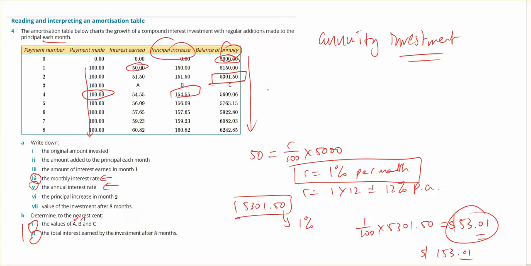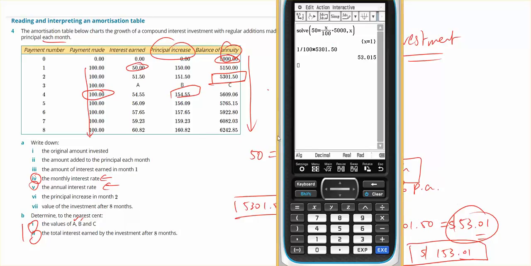Okay, so I'm adding this amount to the account for that month. So I simply add it to the previous principal, which is 5301.50. I add 153.015, and I should get 5454.52.